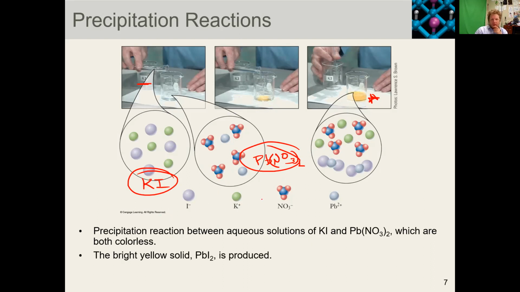So what we have is lead and iodide interacting with one another. And when they interact, they form a solid. That solid is lead iodide. It precipitates out of solution. It forms a solid, clumps up, and falls to the bottom of the container. Whereas the potassium ions and the nitrate ions continue floating around. They'll come in contact with one another, but they'll just bump in and then leave.